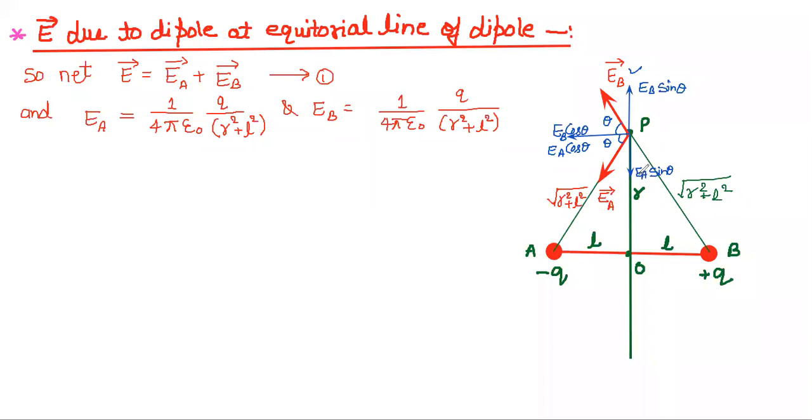You know that EB and EA have equal magnitude. So these two sine components will cancel each other. And the net electric field will be only due to these two cos components. Since they are in the same direction, they will add up.